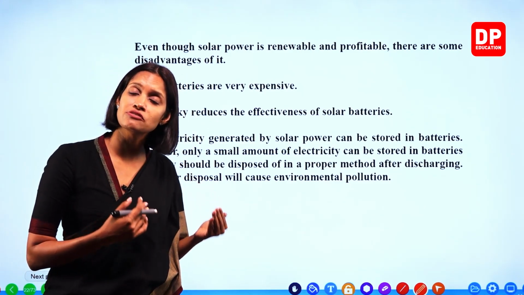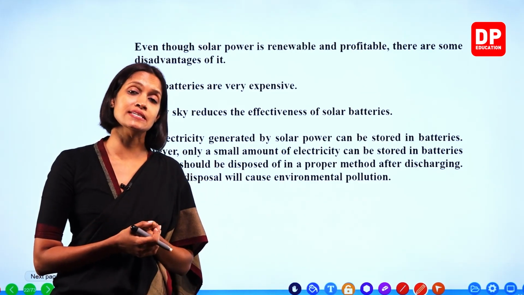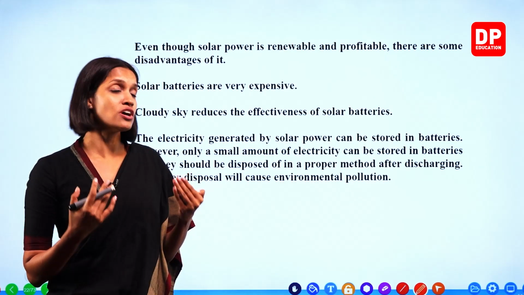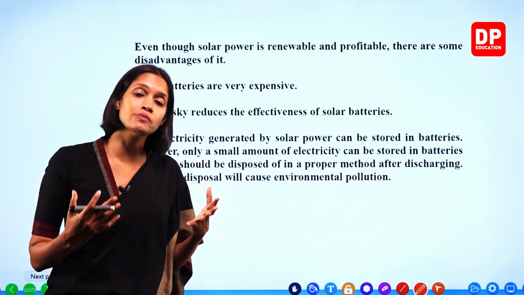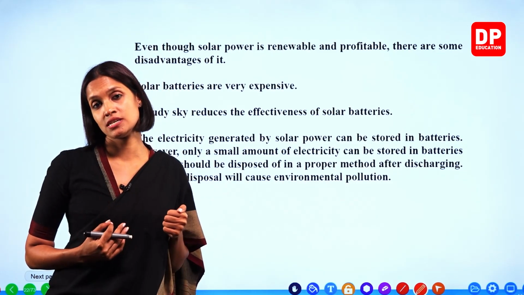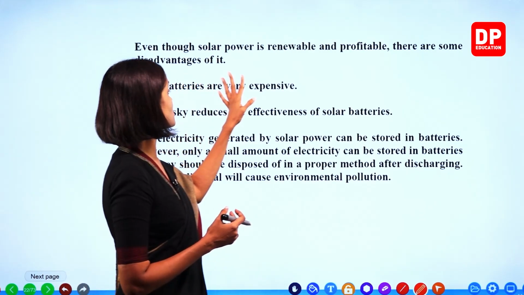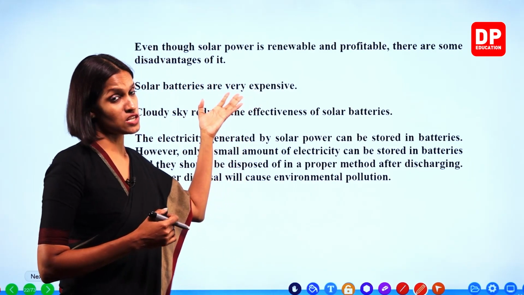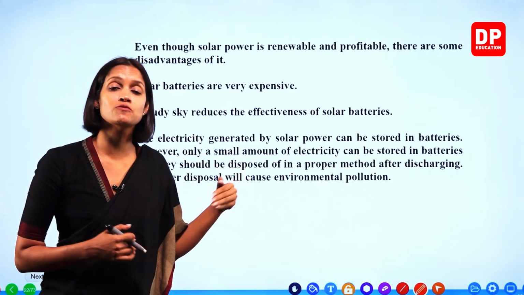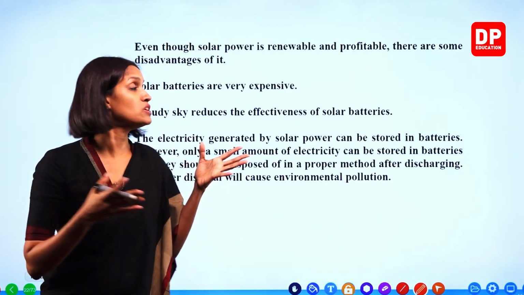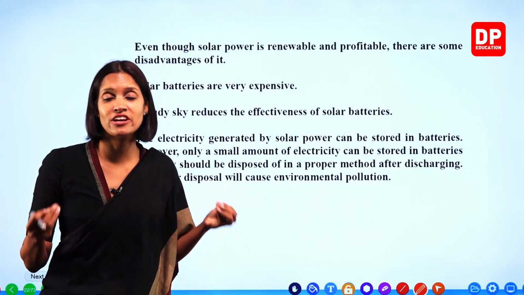Another advantage of using solar panels to generate electricity is that it does not cause environmental pollution most of the time. The environmental pollution is minimized, right? And then solar batteries are very expensive. That is one of the disadvantages. So in order to install these solar panels, the initial cost is very high.